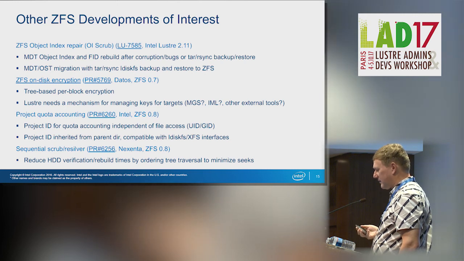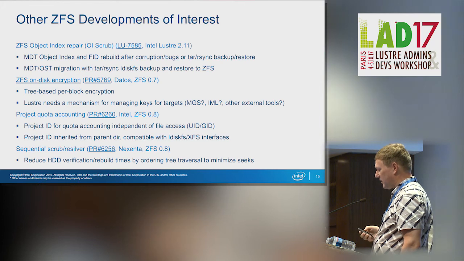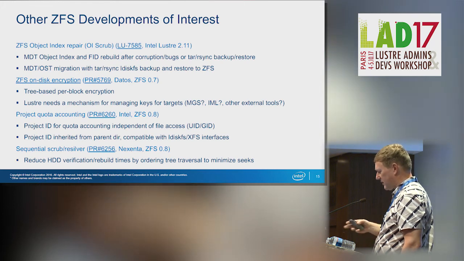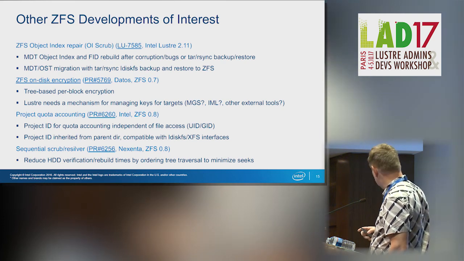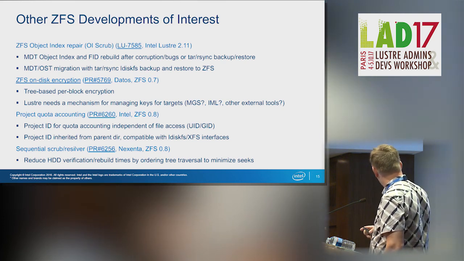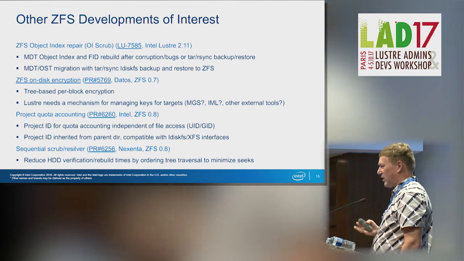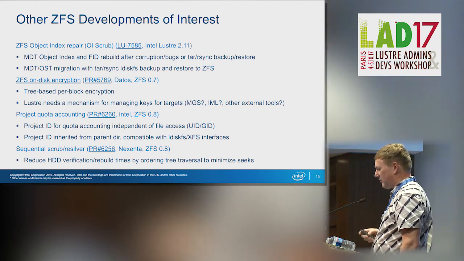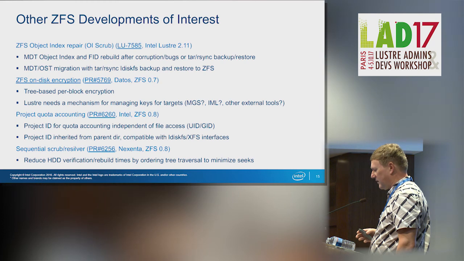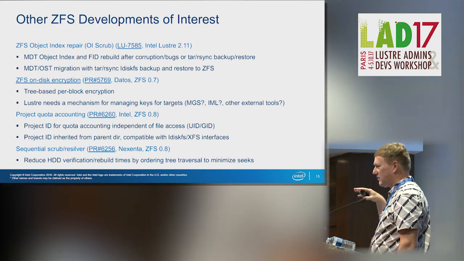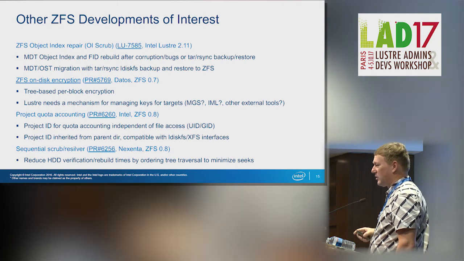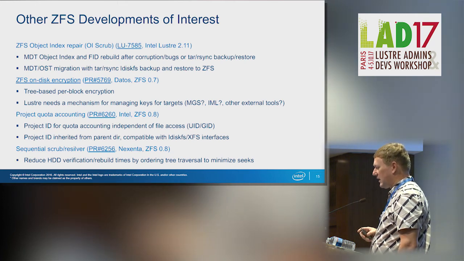The ZFS on-disk encryption is something that landed for, this is incorrect, I'll have to fix this, it's actually landed for ZFS 0.8. It's software encryption. It hooks into hardware acceleration if it's available, and because ZFS is tree-based, it has per block encryption keys that are maintained.